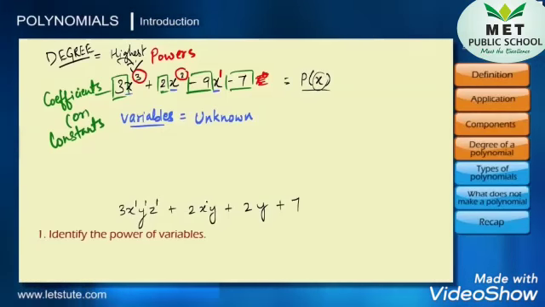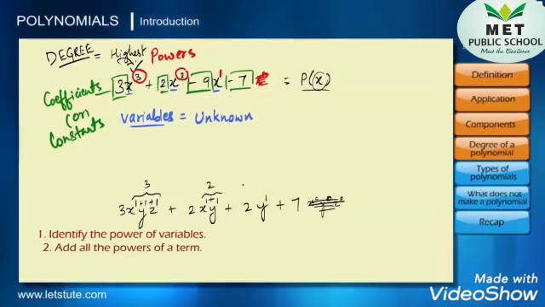Now here is another example with multiple variables x, y, z. At the beginning I have written all the powers of the variables as 1, because if the variable is not given any power, then it is considered to be 1. So identify the power of the variables. This is the first step. And the second step is you add all the powers of the term.